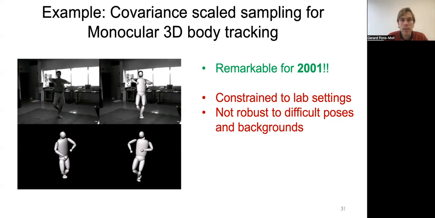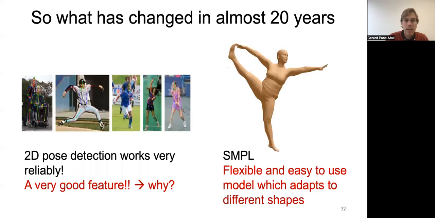So the natural question is, okay, you're saying that the concepts haven't changed that much, but what has changed in the last 20 years? And I would say that there are two key changes or two breakthroughs. One was that now we have very reliable 2D pose detection methods.